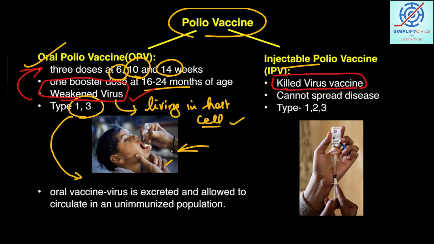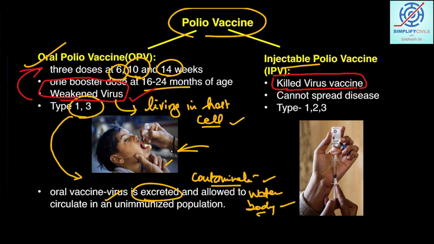The problem with this kind of oral vaccine is that it can become the reason for more circulation. How? If this vaccine is given orally to kids, it goes to the digestive system, and through excreta the virus can come out of the body and contaminate a nearby water body.